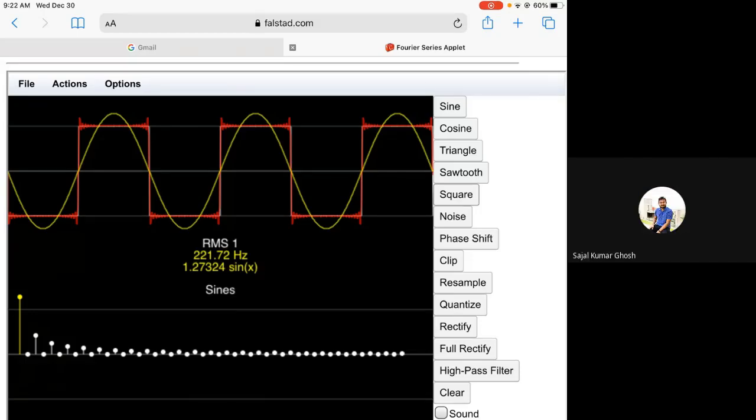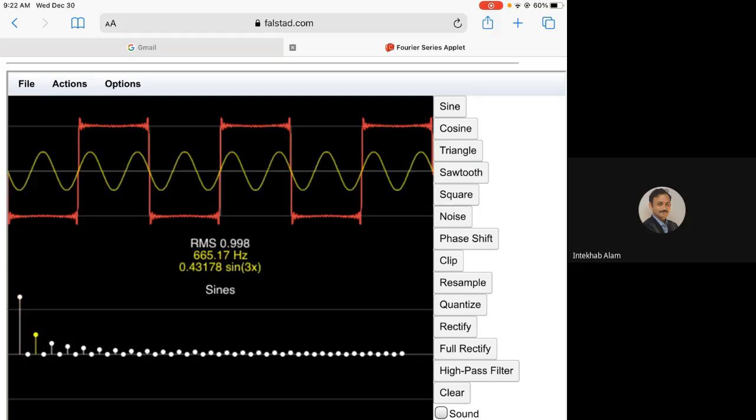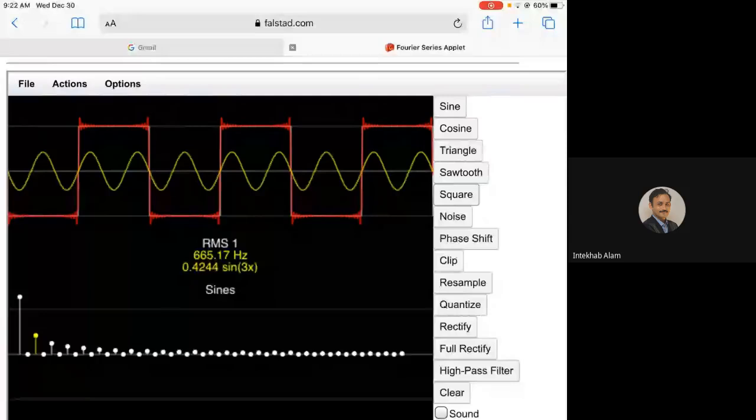Sir, 0.424. Good. And whenever you find the third one, what is the value? The same one. So if you get the fundamental first, you can just divide it by 3 and you will get the third one. This is only for square wave.